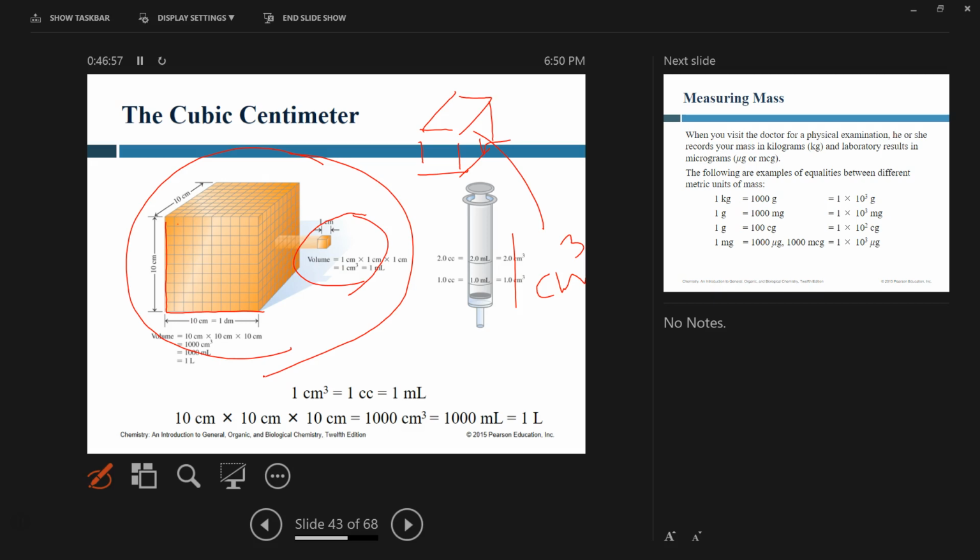You need to multiply 10 centimeters on one side by another 10 centimeters on another side. So you multiply width, length, and height. 10 by 10 by 10 gives you 1,000. So you're going to have 1,000 cubic centimeters in 1 cubic decimeter. Do you see that relationship?